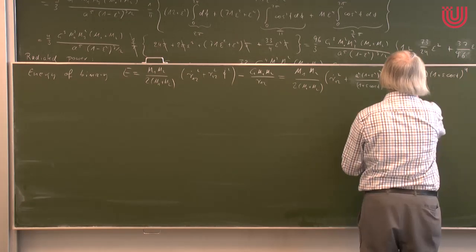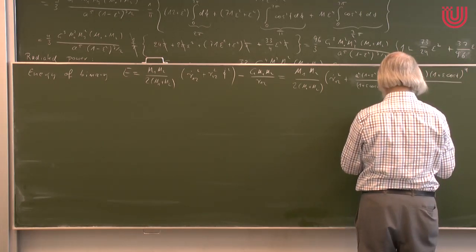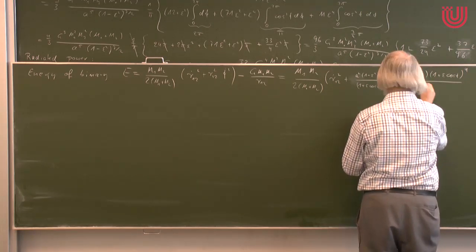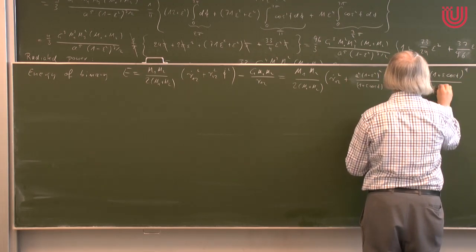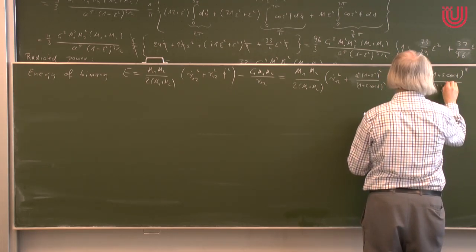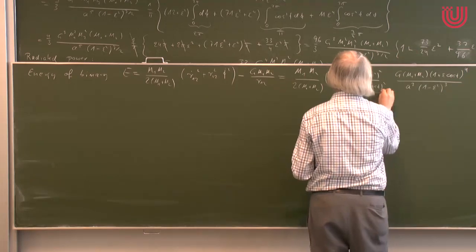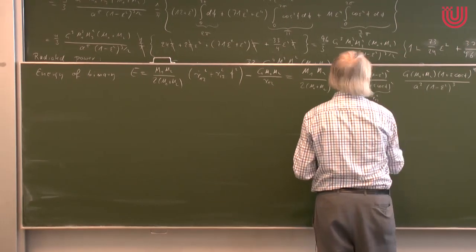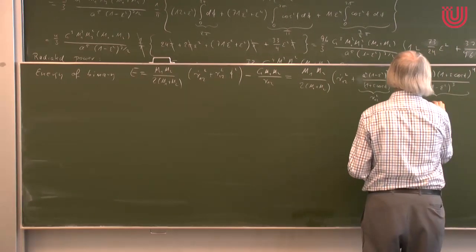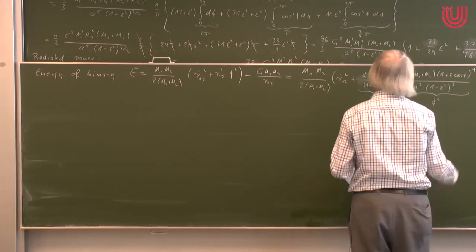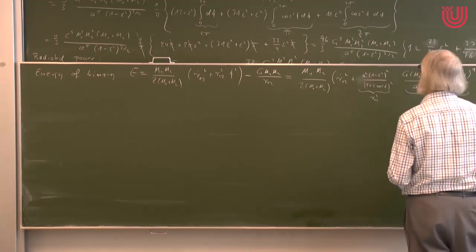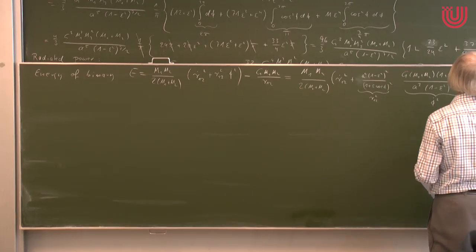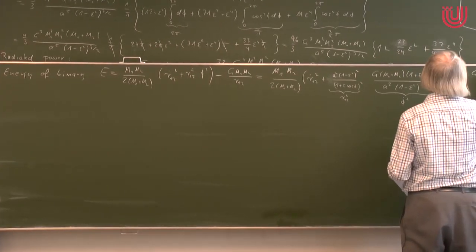It comes with a square in the expression for phi dot, so I have now a power 4, a to the 3, 1 minus epsilon squared to the 3. So this here is r12 squared, and this here is phi dot squared from earlier expressions. And the rest is just what it is.